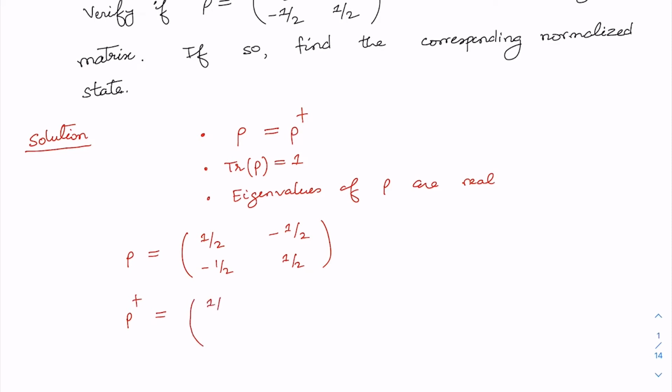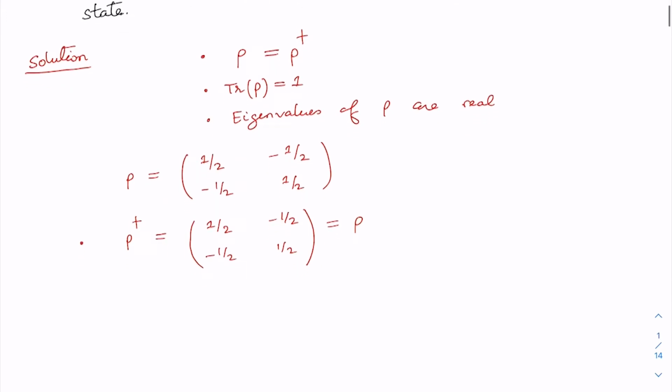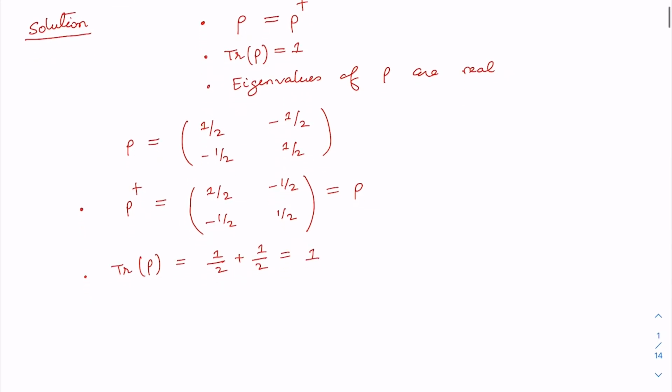Then if we take the transpose, we'll get half, minus half, minus half and half. So this is exactly the same as rho. So therefore the given matrix is Hermitian. Secondly, trace of rho, the sum of the diagonal elements, half plus half, is equal to 1. So this is also satisfied.